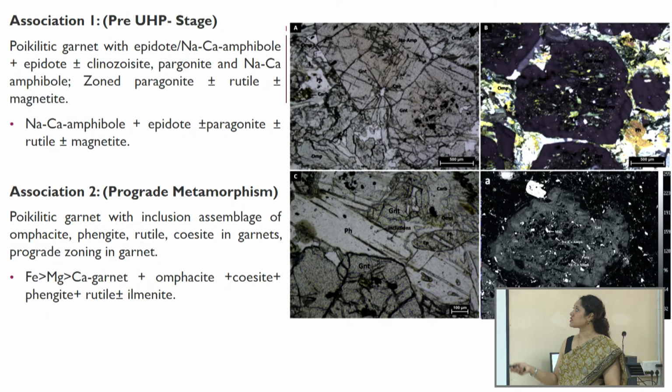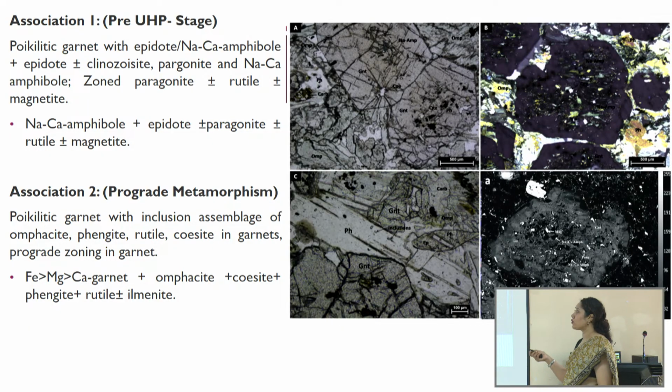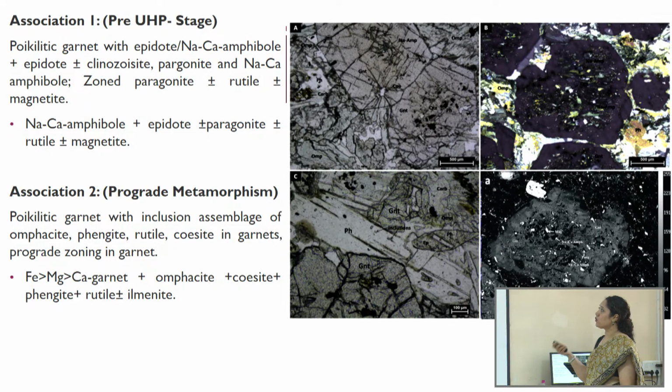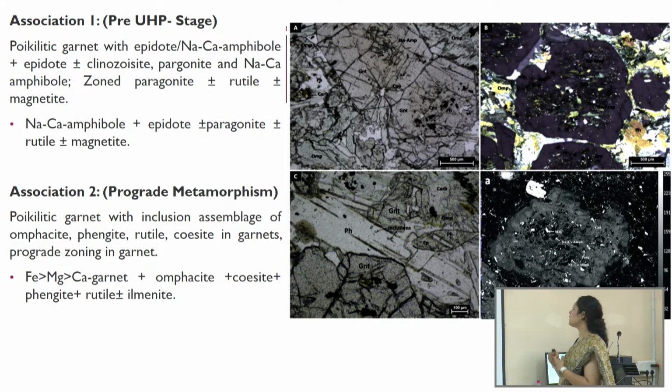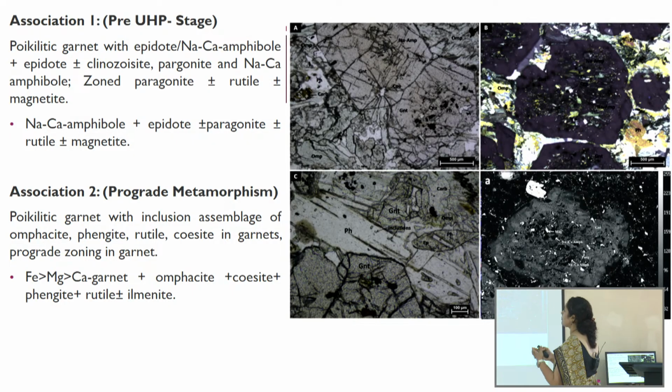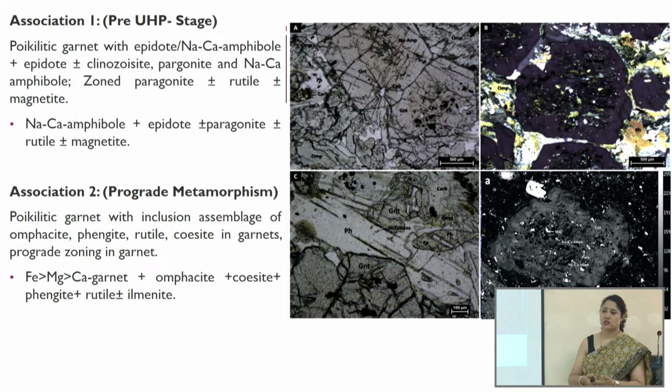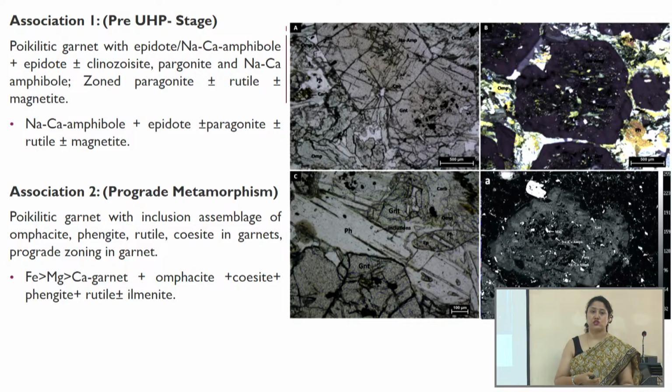So all these minerals like the sodic amphibole, the epidote, the clinozoisite, all of them which are present in this, typically represent the pre-UHP stage. Another thing that we caught was the zoning. The garnets are intensely zoned. At lower pressures or lower temperatures, they are most calcium rich, and as subduction increases, they become more Mg rich.